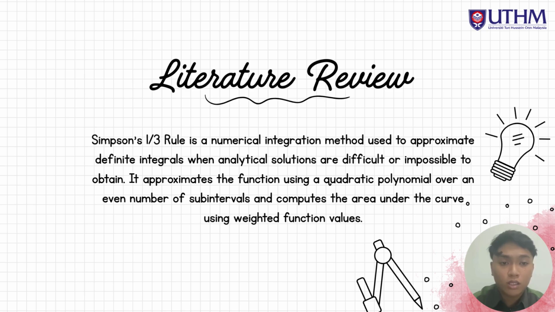Several researchers have highlighted that the use of quadratic interpolation allows this method to better represent the curvature of a function, thereby reducing numerical error. Consequently, Simpson's 1/3 rule has been commonly adopted in engineering and scientific research for solving integration problems where efficiency and accuracy are required.